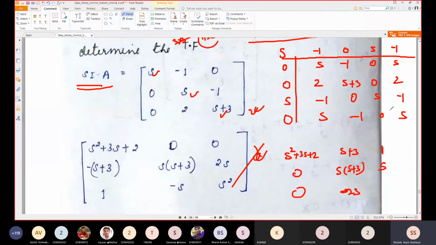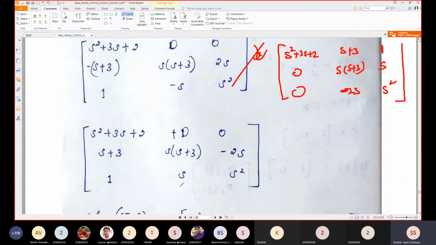Now what is the term we are getting? This is basically s square and 0, so this will give you s square. This is the adjoint. I hope this is okay.